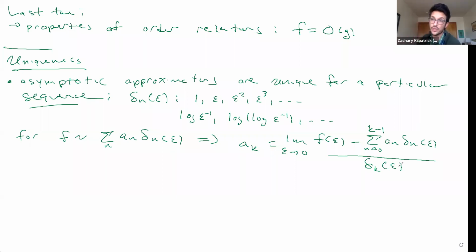That extracts the particular coefficient you need for this term in your asymptotic series.